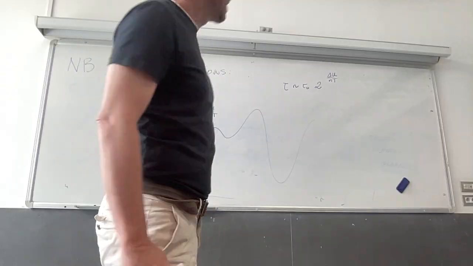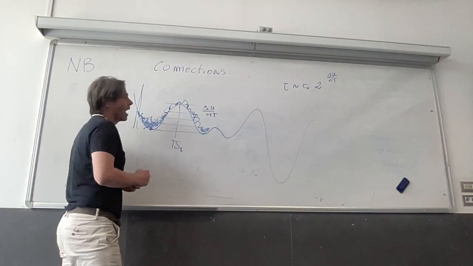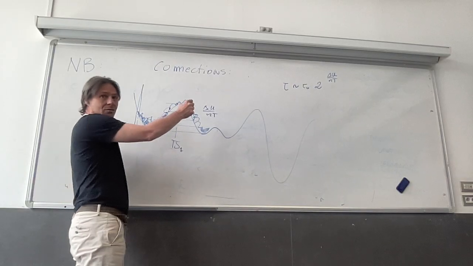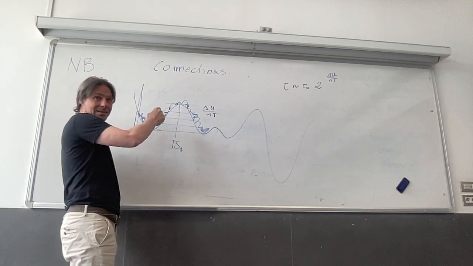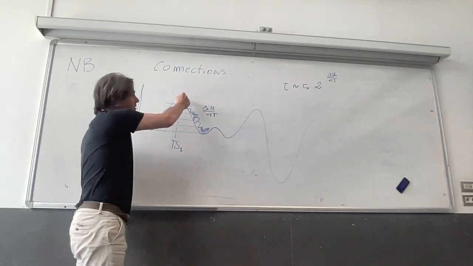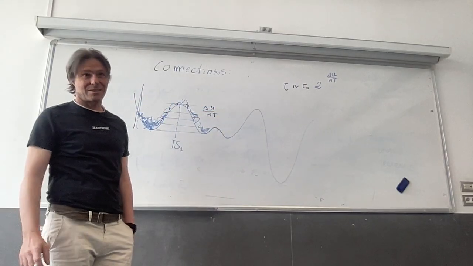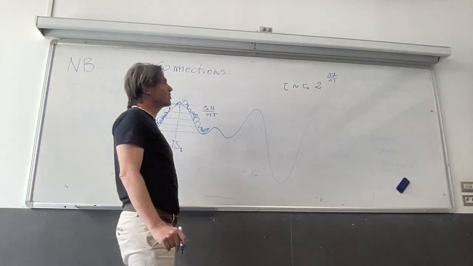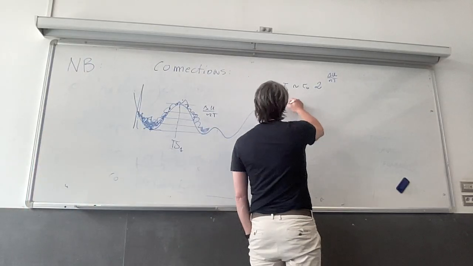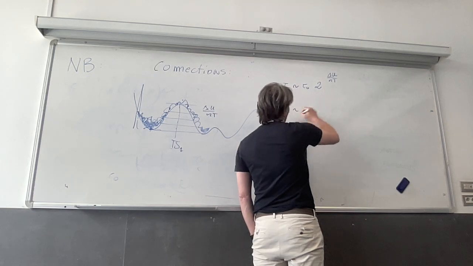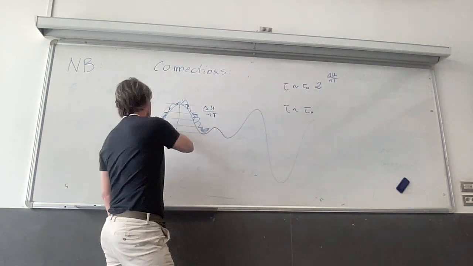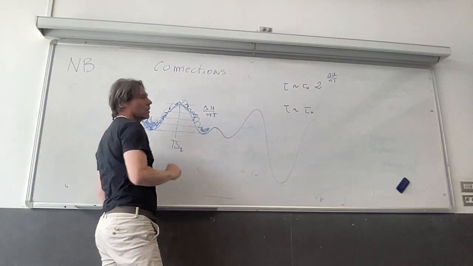Also, I'm not accounting for events like 3 in a row, 1 bad, and another 2 in a row, which will still make it to the top of the barrier. So if you do things very carefully, you'll discover that tau actually is some time scale that I will not worry about, but it depends on the frequency here and here.